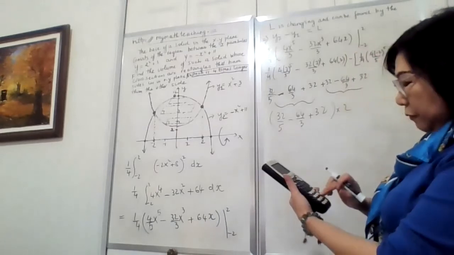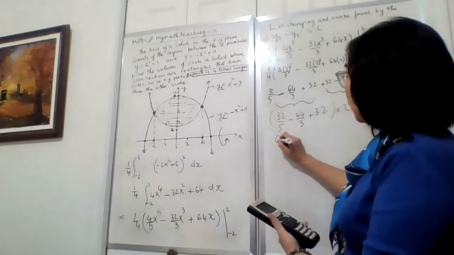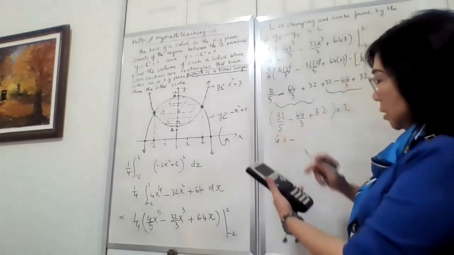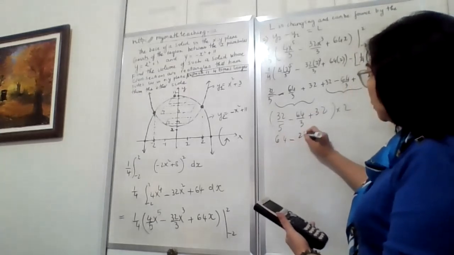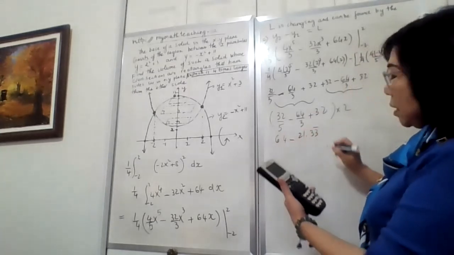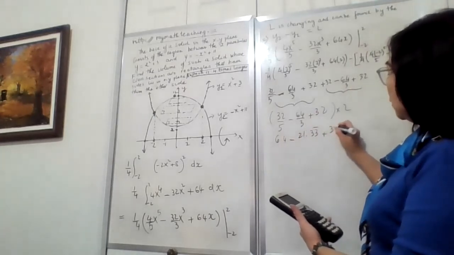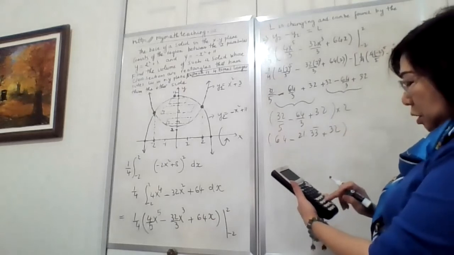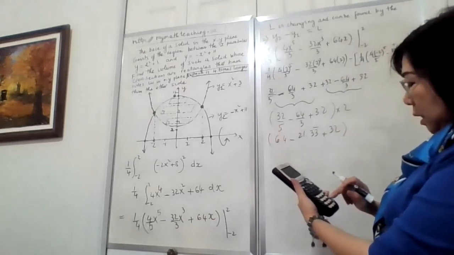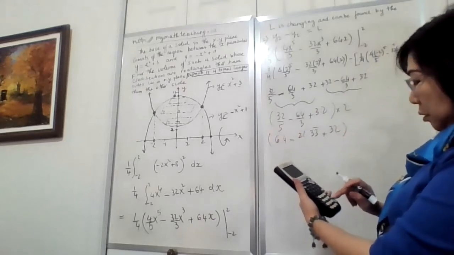So 32 divided by 5 will be equal to 6.4, minus 64 divided by 3 will be minus 21.33 with the bar on top, adding with 32. So 6.4 minus 21.33 plus 32.